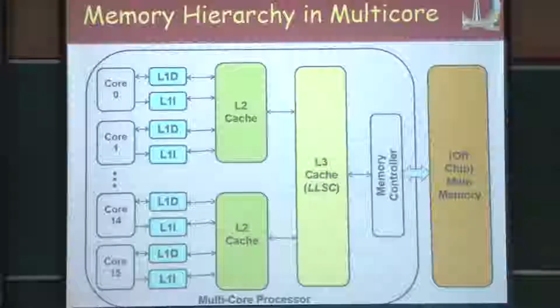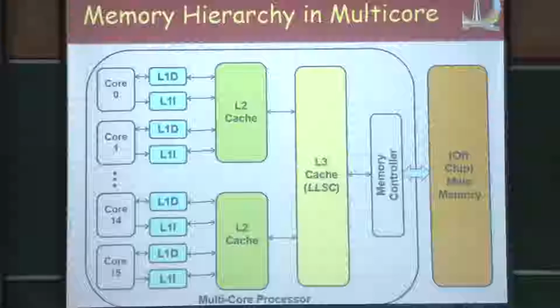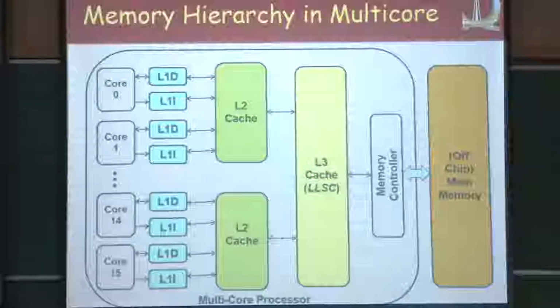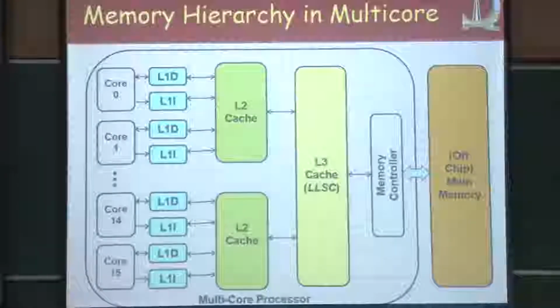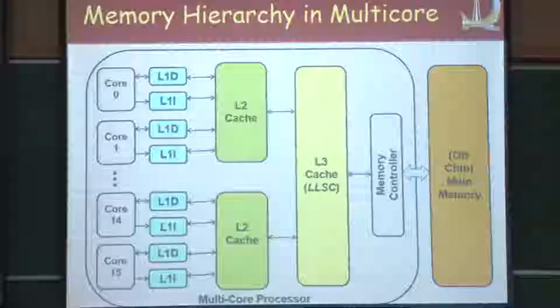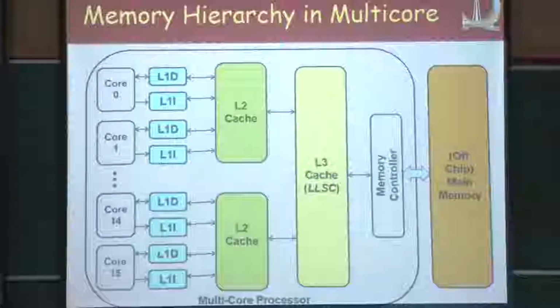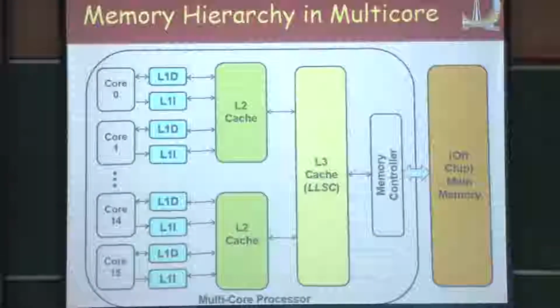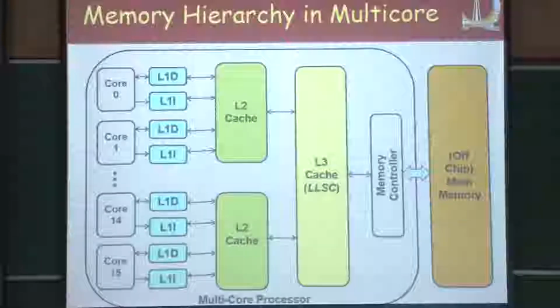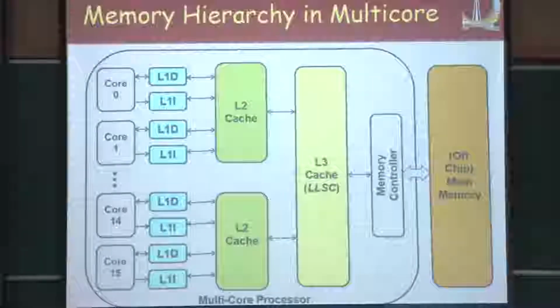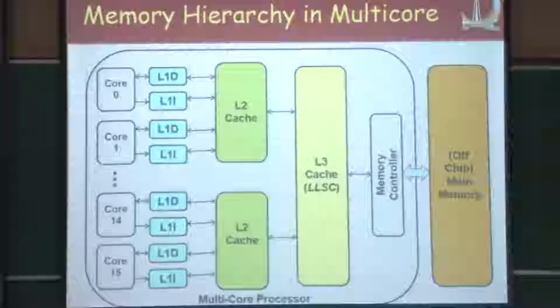And finally, we have an L3 cache which is basically shared by all the cores. So, as the hierarchy is going down, you have more and more sharing. More cores are sharing the same resource. And of course, if the data is not there in any of these caches, it has to get it from the off chip main memory.